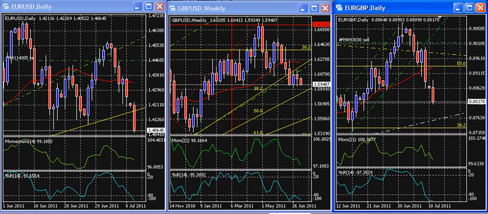However, the next target level for the euro, while it's working at 0.8817, would be at the price level where its channel is located, at 0.8755.